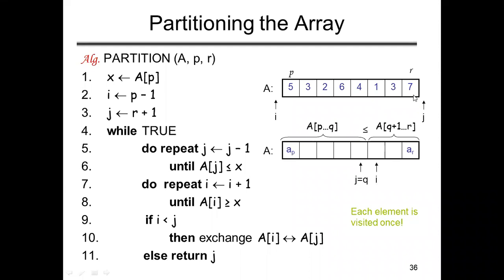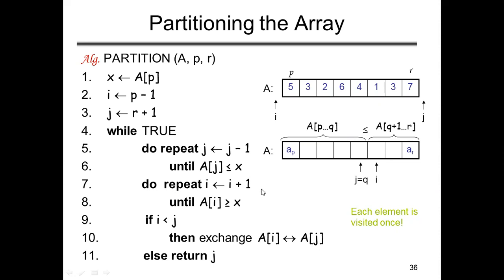So A of J is 7. Is 7 less than or equal to 5? Is the condition satisfied? No, it is not, so you can stop there. Now you can observe the I value.